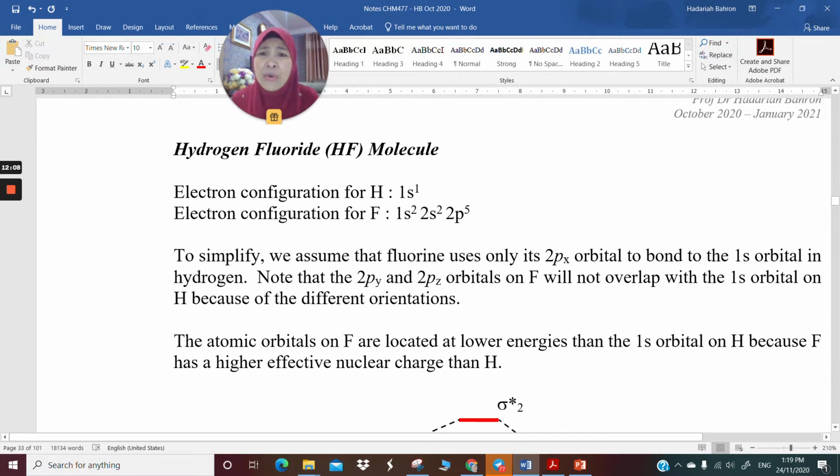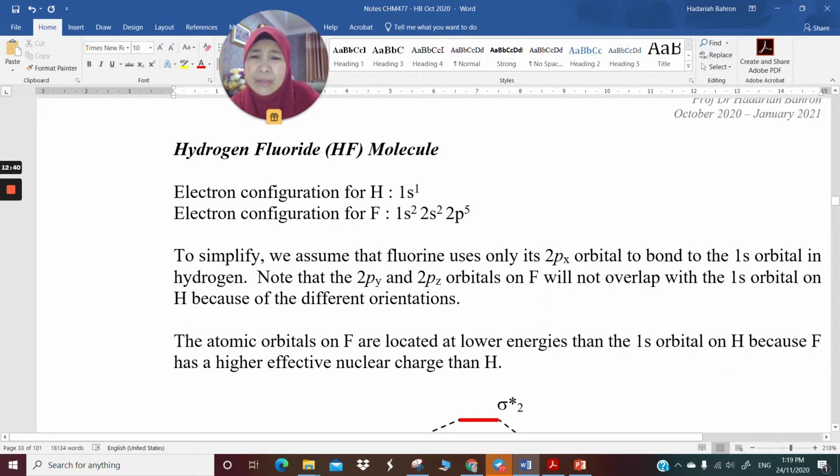There is no way that the energy level of hydrogen and the energy level of atomic orbitals of fluorine are the same because they are far away from each other in the periodic table. So let's discuss how you are going to draw the molecular orbital for a heteronuclear diatomic molecule having totally different atoms.